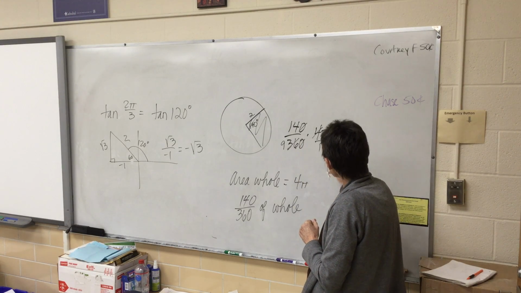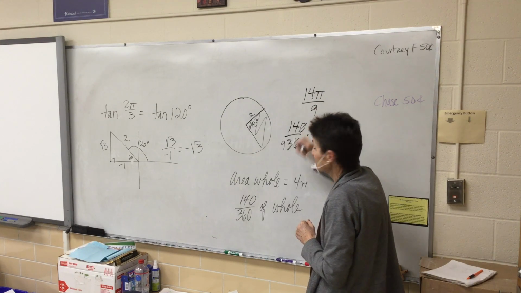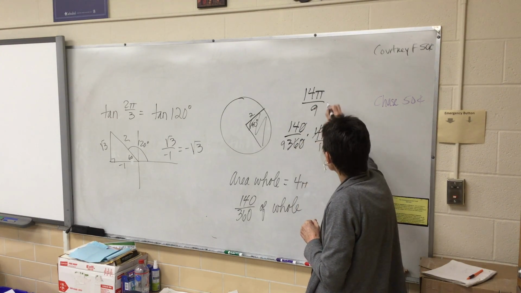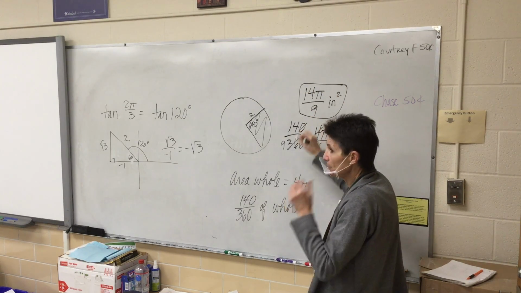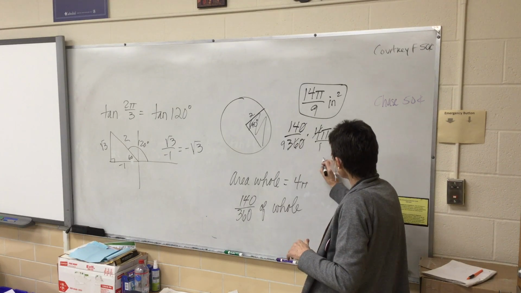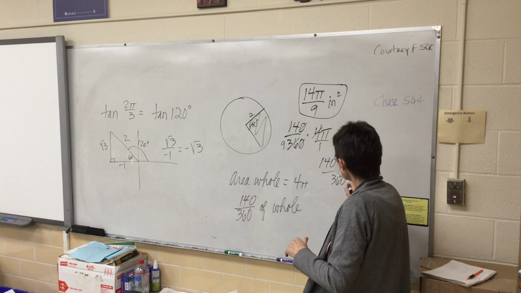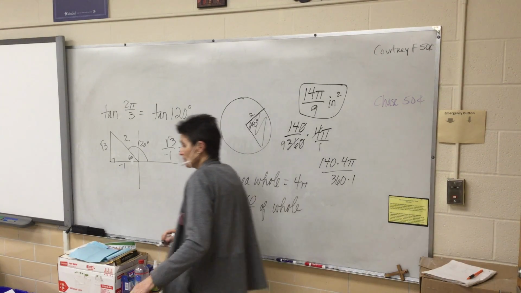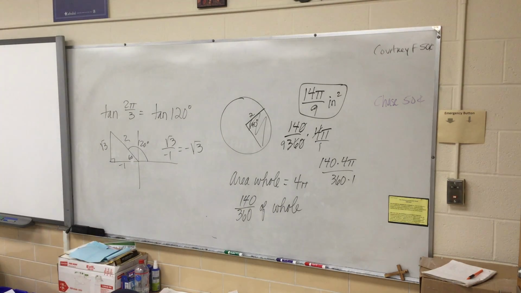So it looks like the area is 14 pi over 9 square inches. Now, if this part bothered you, then you are going to multiply straight across. So you're going to do 140 times 4 pi over 360 times 1, and you're going to simplify. This is a no calculator problem, so you're going to want to probably do some canceling. Okay? All right, that's not too bad.